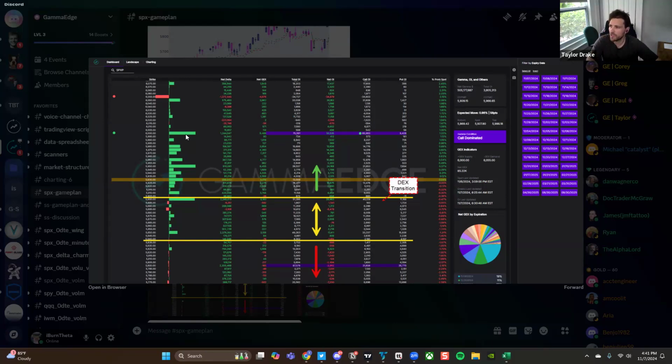GK, the way we think about gamma walls is like plus GEX, up here at 6,000. That is just the most convex strike. It's not that it's a gamma wall, but what it means is this is where the most short-term positioning is.